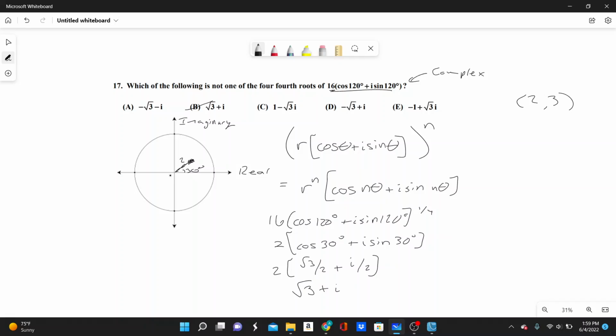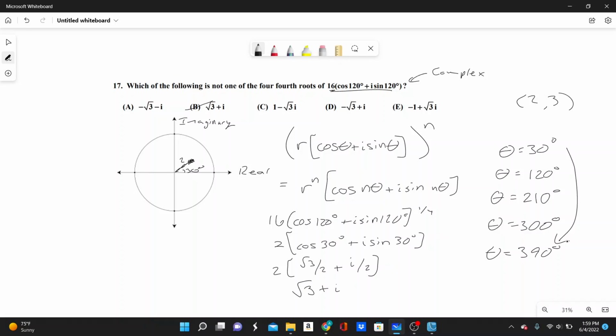If it's going to be evenly distributed, and there's going to be 4 of them, then each has to be 90 degrees apart from the other. So we're going to have one at theta equals 30 degrees, one at 120 degrees, one at 210 degrees, and one at 300 degrees. And then notice if you went an additional 90, you would get theta equals 390 degrees, but that's the same thing as theta equals 30.